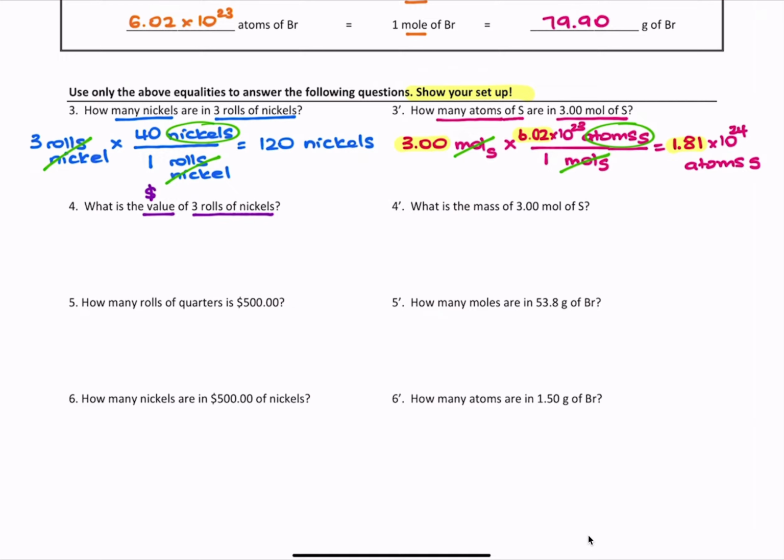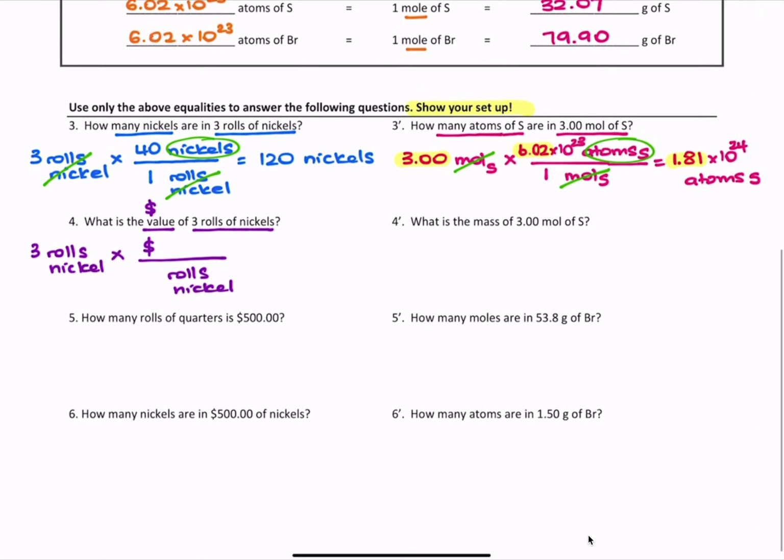Okay, so what do we have here? We know that we're starting with the given data, the 3 rolls of nickel. We want to cancel the rolls of nickel and convert into the value in dollar.